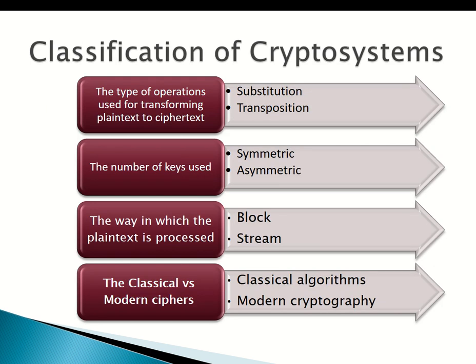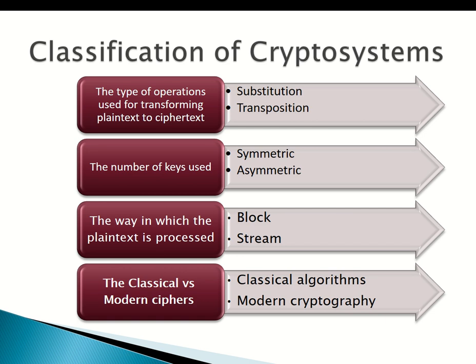Now, before we talk about it, the cryptosystem components include plain text, the encryption and decryption algorithm, the ciphertext, and the key. Remember these four components when we talk about the classification of encryption in general.